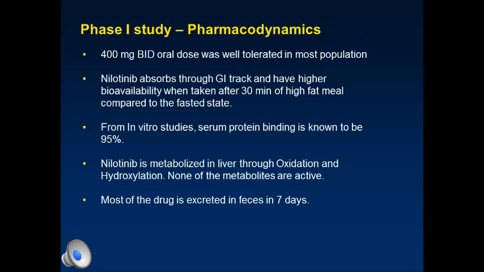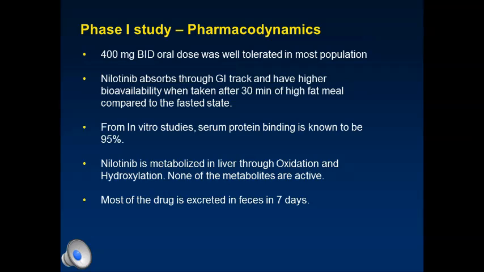Next is pharmacodynamics. The 400 milligram twice daily oral dose was well tolerated in most of the population. Nilotinib is given orally and is absorbed through the GI tract, and has a higher bioavailability when taken 30 minutes after a high-fat meal compared to the fasted state.